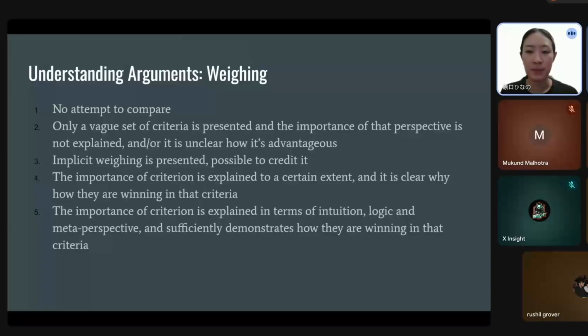So these meta perspectives are inserted when they are comparing in the weighing. They can bring the judge's perspective to persuade judges how this impact or this logic is more important than that of the opponent. So these are the gradations in the weighing.